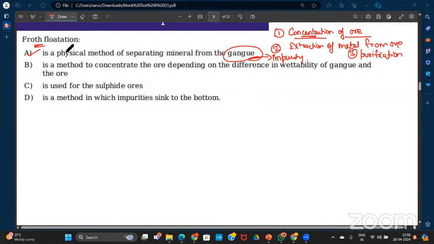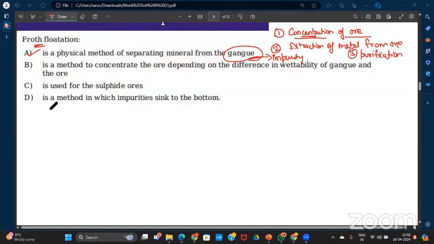Yes, fine. So it is a physical method to separate the ore. The option is right. It is a method to concentrate ore. I have told you, right? It is a concentration of ore. And it is the method to concentrate the sulfide ore.